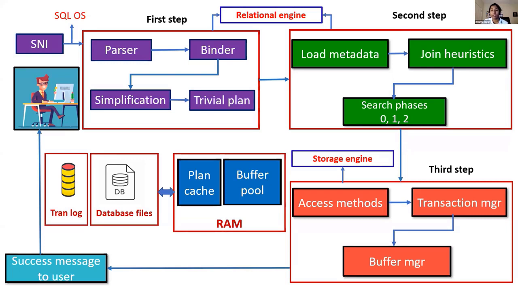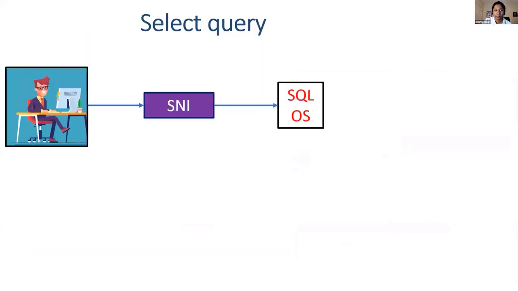The access methods, transaction manager, and buffer manager will actually go ahead and pull the data from the disk subsystem, which is very IO intensive. So this is the overview of the SQL engine. The first step components and the second step components come under the relational engine, and the third step components come under the storage engine.